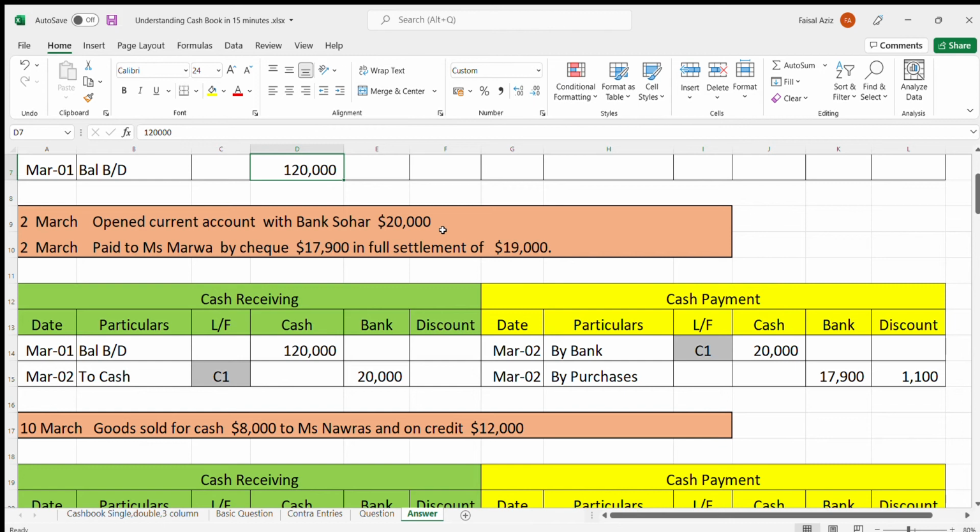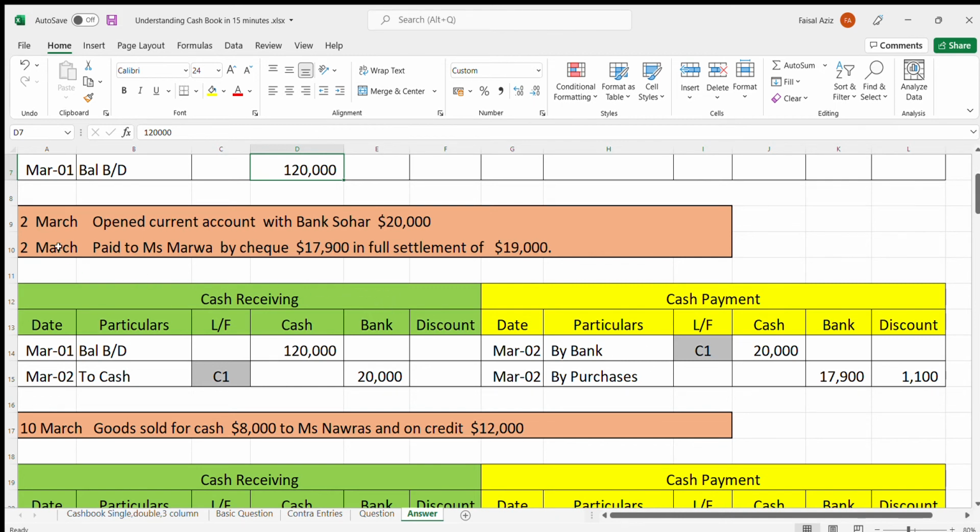One entry will show on the left side, showing an increase in the bank balance, and the other entry on the right side will show a decrease in the cash balance with the company. So you can see that the first transaction, to cash, we put the value in the bank, and on the right side, by bank, we put it in the cash.